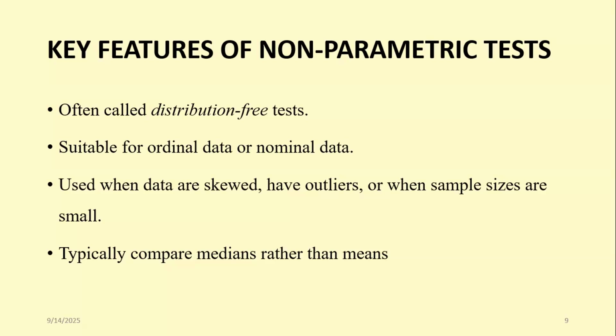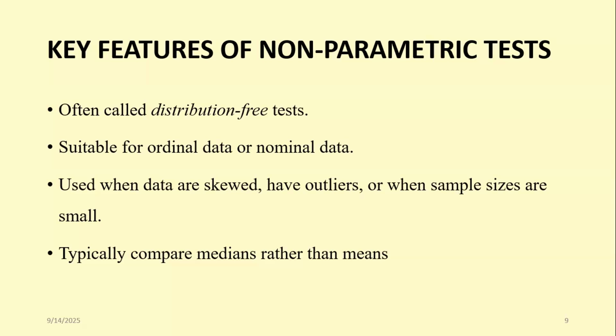They are used when data are skewed or data has an outlier or when the sample size is too small. As against when the sample size is too large, where we say we can apply the central limit theorem and assume that the data is normally distributed.